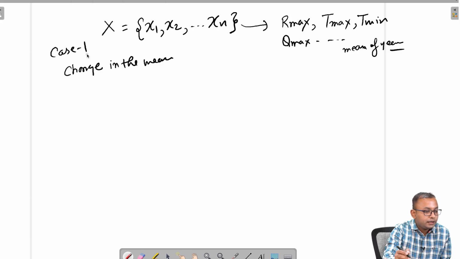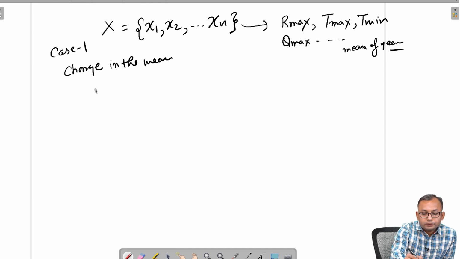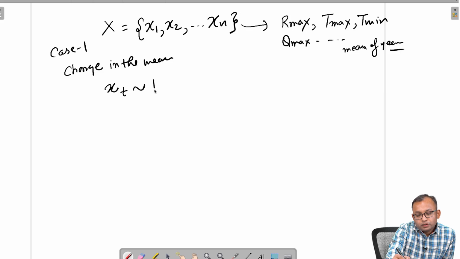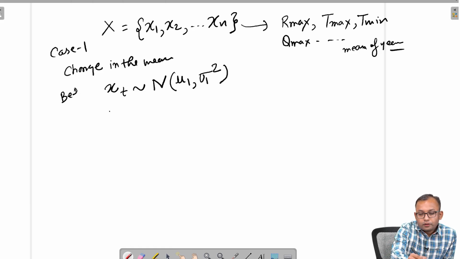So, here let us suppose this data set was following some sort of distribution function, let us assume normally distributed, with mean mu 1 and standard deviation sigma 1 square before the change point, which is let us say x d.